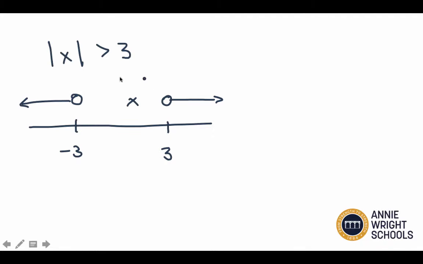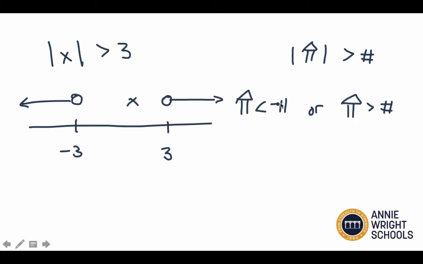But now it's an or situation. So when I get the absolute value of something is bigger than a number, then I get these two inequalities: what's inside there is bigger than that number, or what's inside there is less than the opposite of that number.